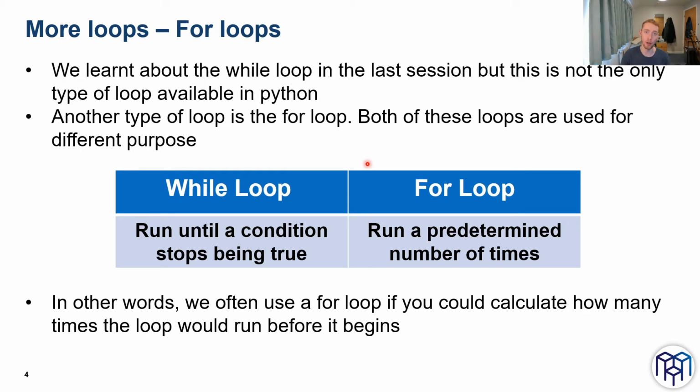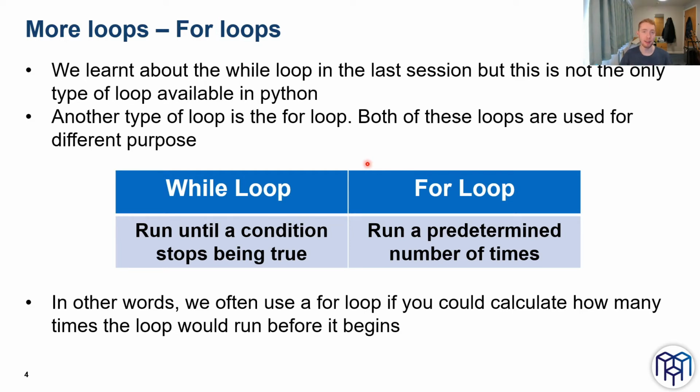A for loop, on the other hand, is meant for scenarios when we're running some code a predetermined number of times. That could be we're repeating something, say 10 times, or it could be we're looping over, say, a list, every element in the list, and there's a predetermined number of elements in that list. In other words, we prefer a for loop over a while loop when it's possible to calculate how many times the loop is going to run.